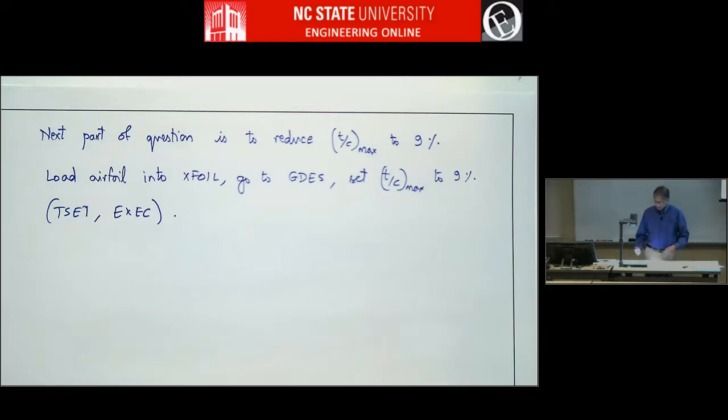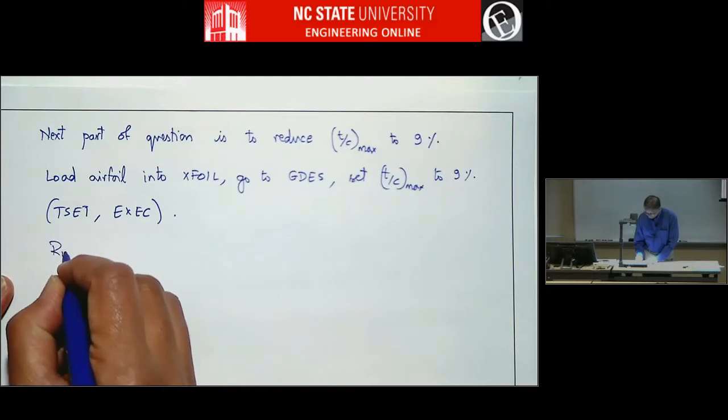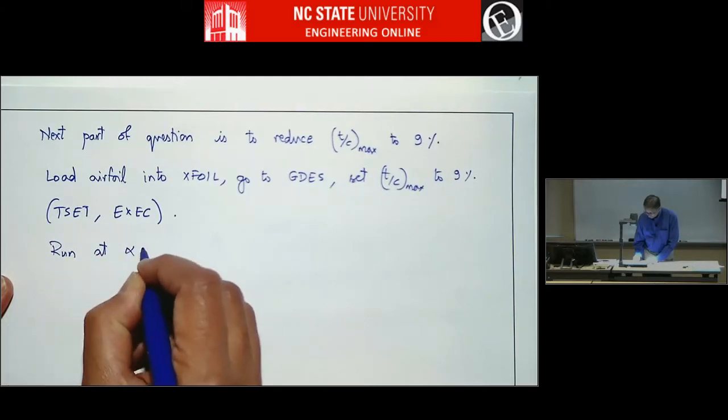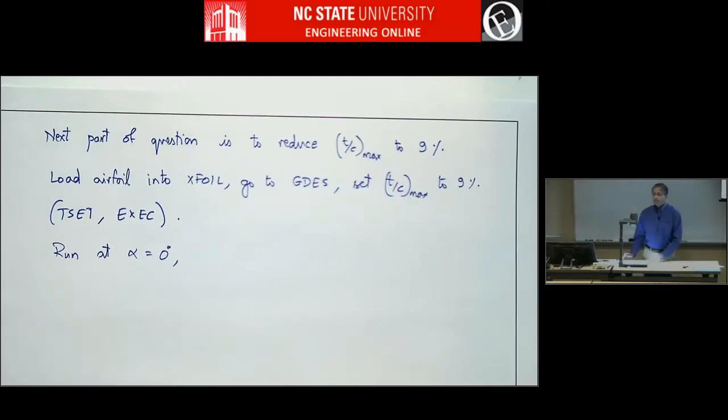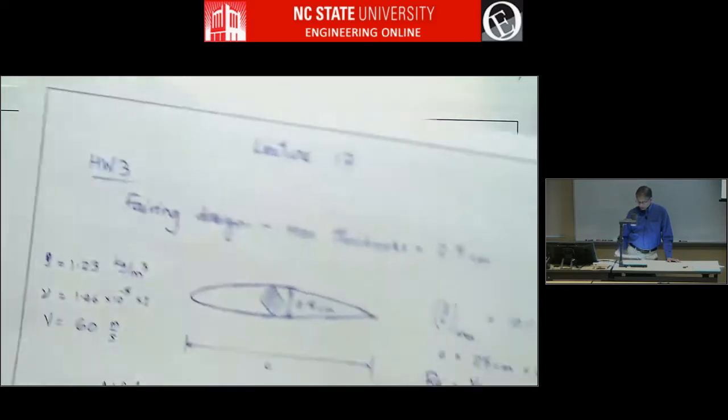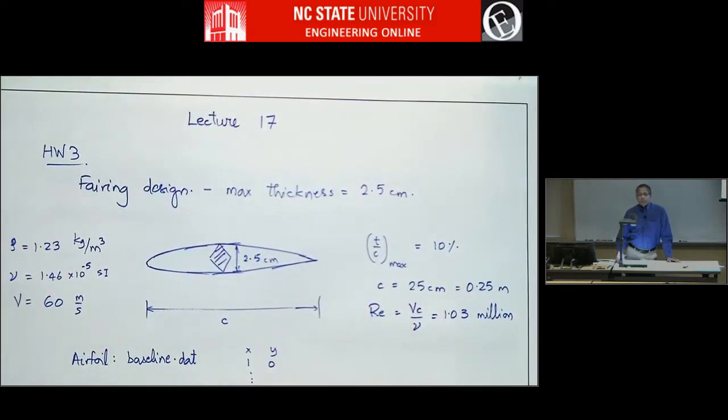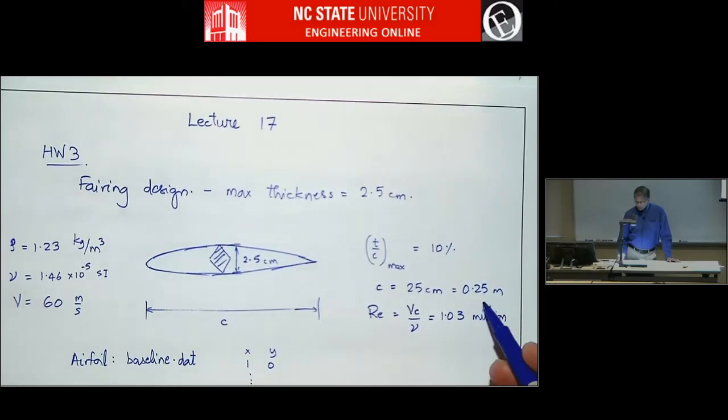Now you go and run it at alpha equals 0. And what Reynolds number? What is the chord? The chord was 0.25 only for T over C of 10%, right?